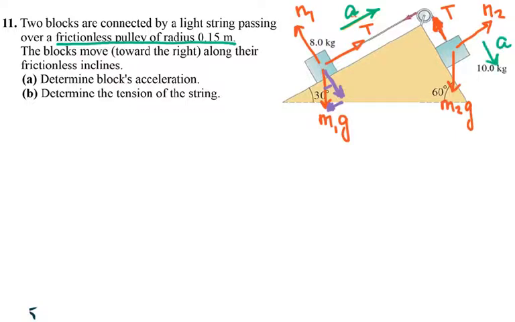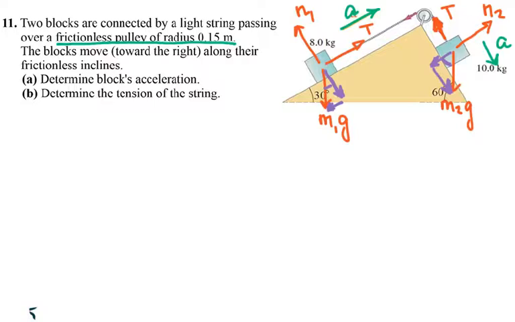Then the components of the force of gravity are going to be mg cosine, because this is the angle, and the one opposite the angle is mg sine. Okay, so now I have to write the equations, the net force for each mass.